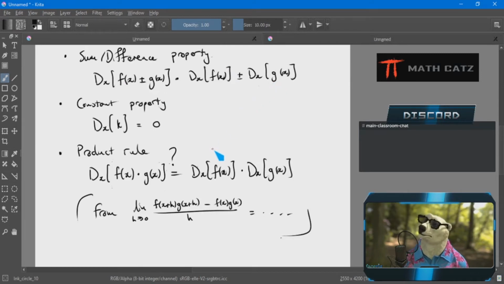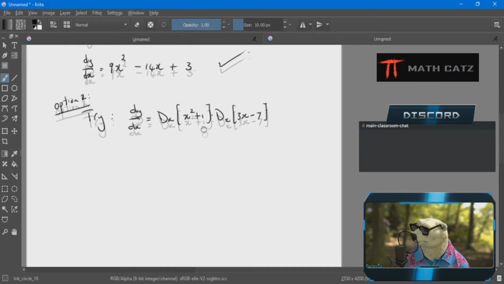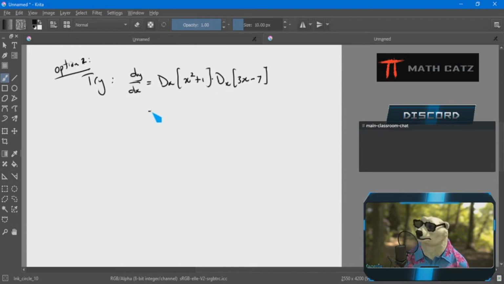It would be super nice if this product rule is also as straightforward and simple as I would hope it to be. Looking at each of the factors and their derivatives and then put it together in the same way. So that would require this line, okay? Again, I'm just trying it.